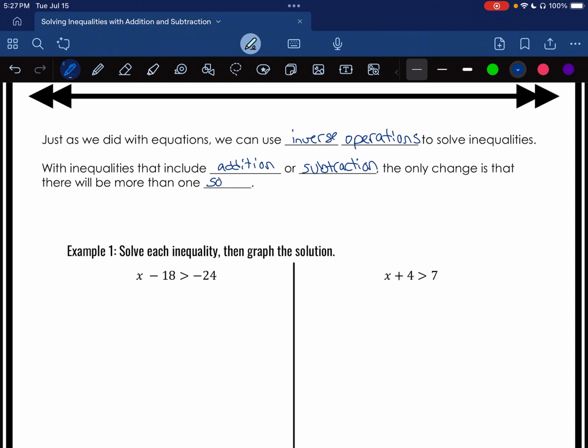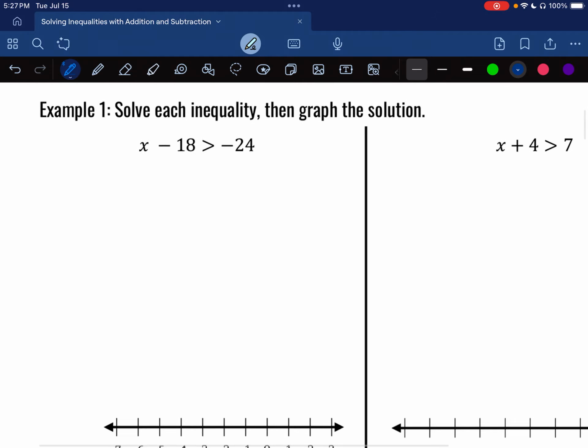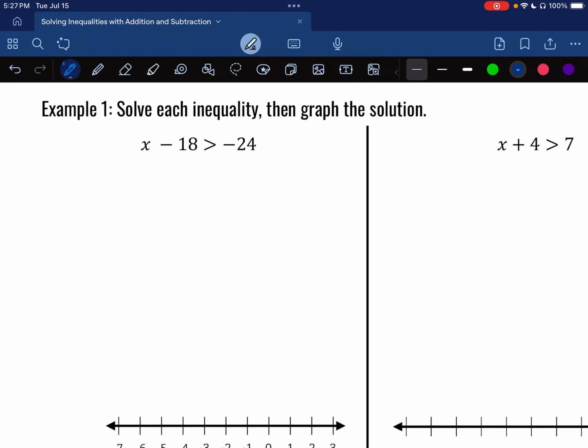So it's going to work just like solving equations, except we are going to find a range of values that make the inequality true. And we're also going to be able to graph our solutions because rather than being one singular value, we can see the range on a number line.